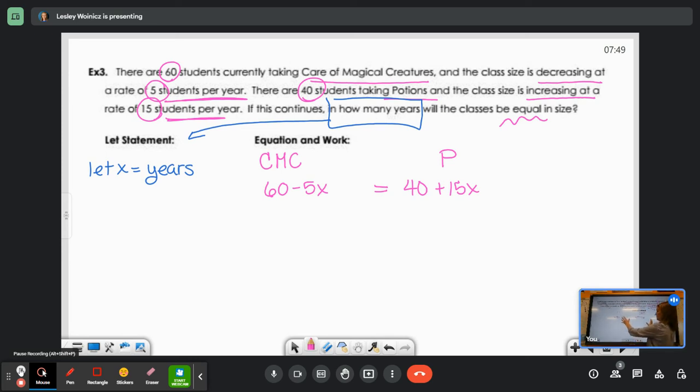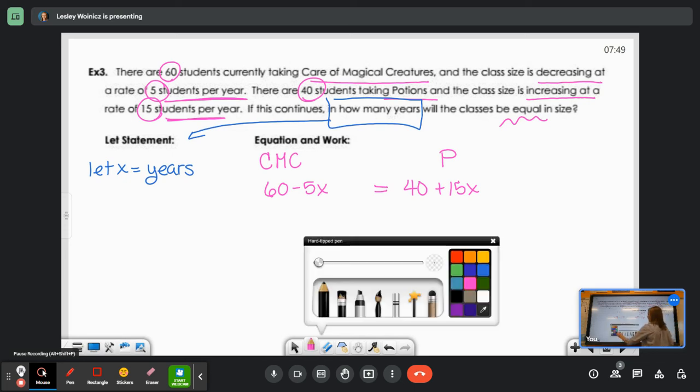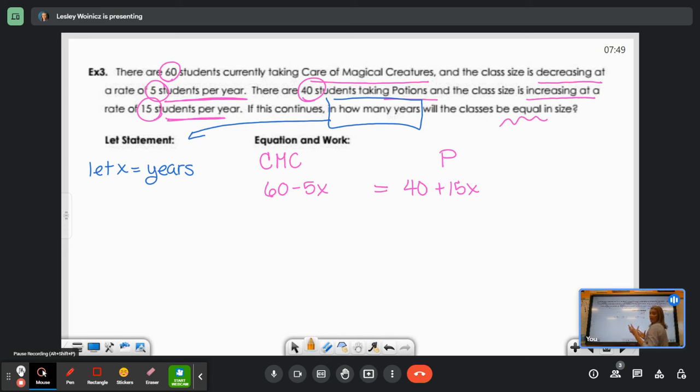Now we're going to solve. So I want all of my x's on one side of the equation. So I'm going to subtract 15x from both sides. Okay, these cancel, and I get 60 minus 20x equals 40.